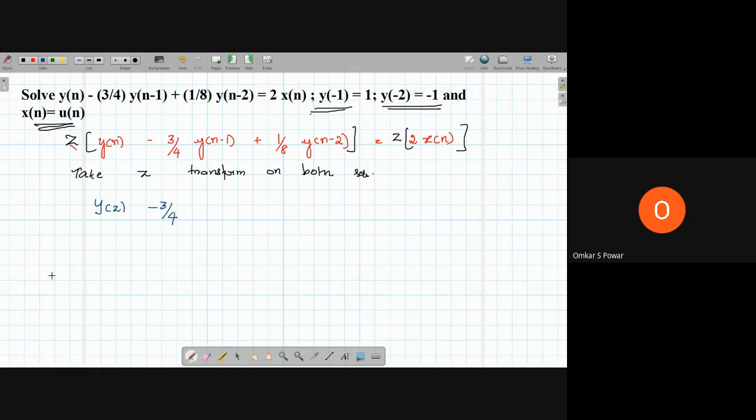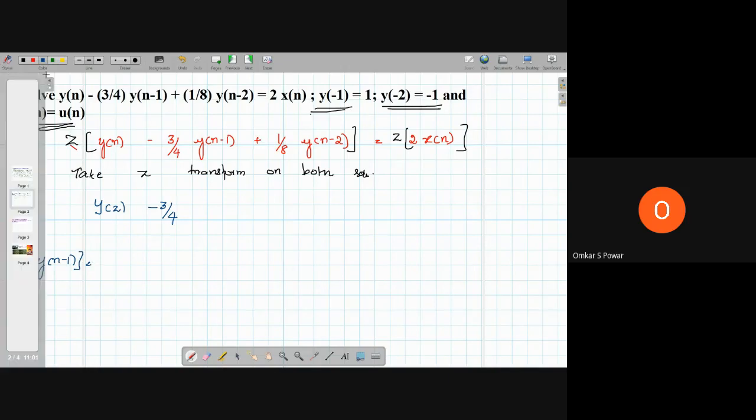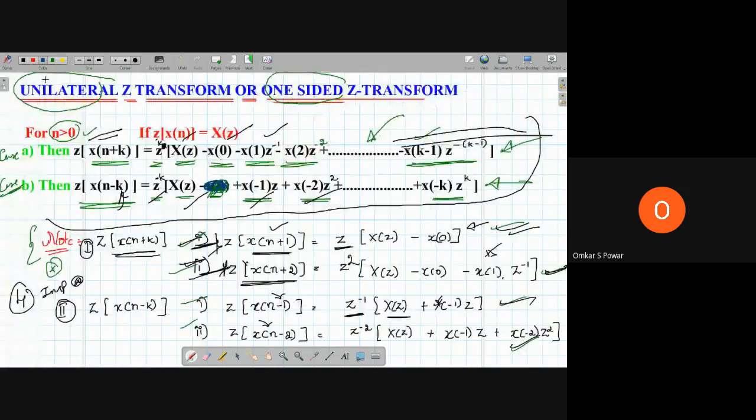Now we have the z transform of y(n minus 1). Now comes the formula I told you to keep in mind. Let's go back to the formula. We have the z transform of x(n minus 1) is equal to z to the power of minus 1 into X(z) plus x(minus 1) into z. Using this, we can solve this one.